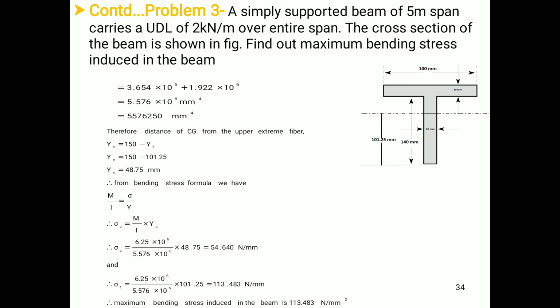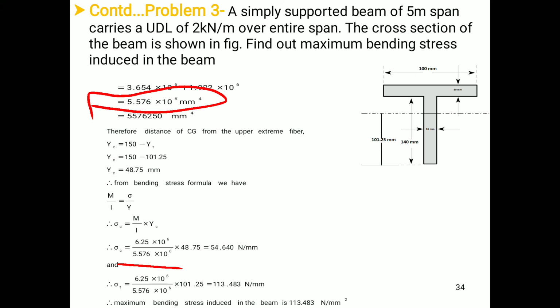Therefore, on putting the values of M, I and y into the flexural formula, I have sigma C equal to M upon I into YC. Why have we considered YC? For sigma C we consider YC, and for sigma T we will consider YT. Therefore, we have maximum bending moment 6.25 into 10 raised to 6 divided by the moment of inertia 5.576 into YC, which is 48.75.